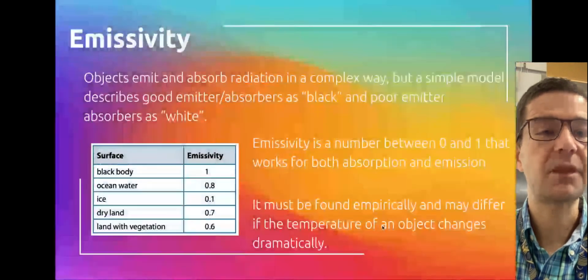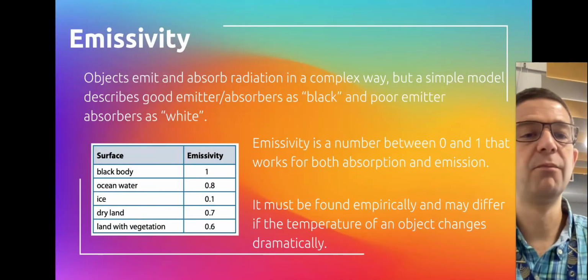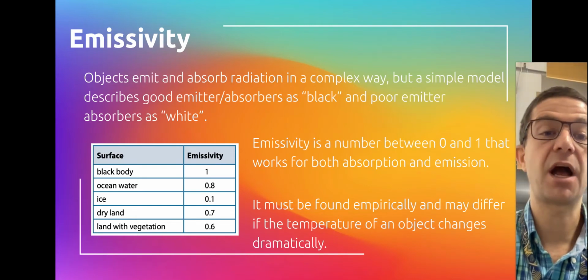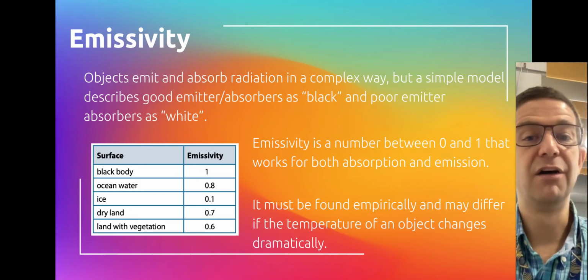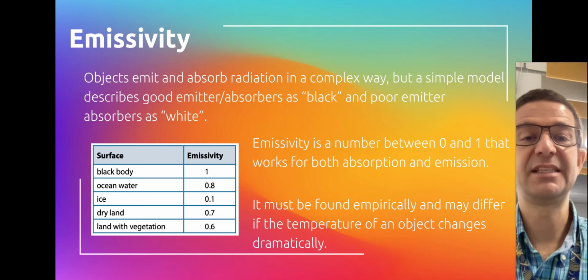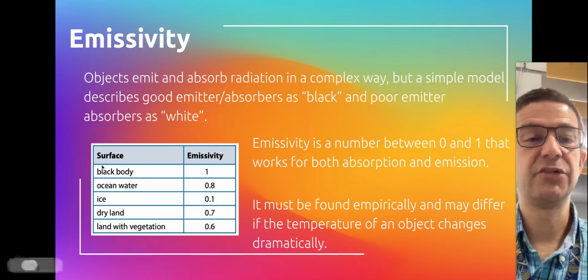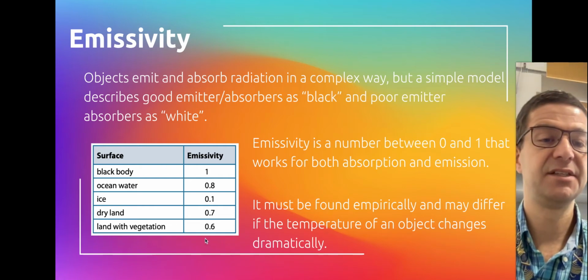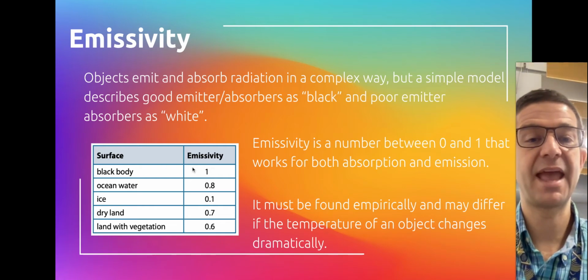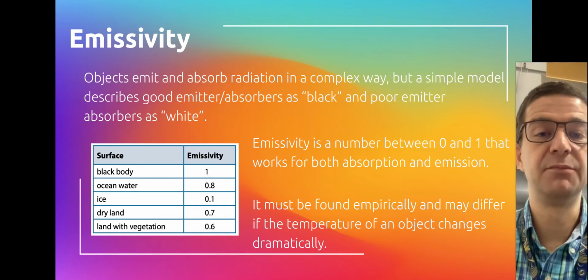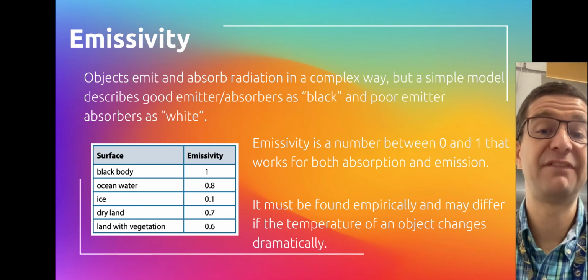Emissivity is the way that we describe the very, very complex nature of radiation in a simple way. Emissivity is a value that goes between 1 and 0, with 1 being a very emissive object that emits and absorbs radiation very effectively.